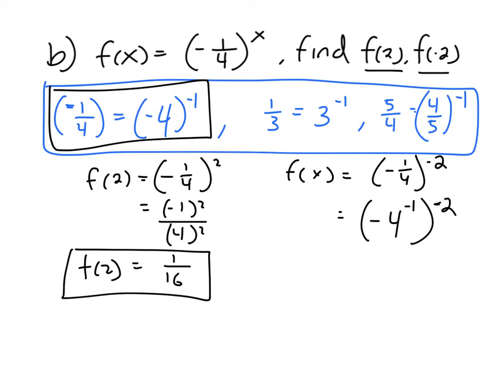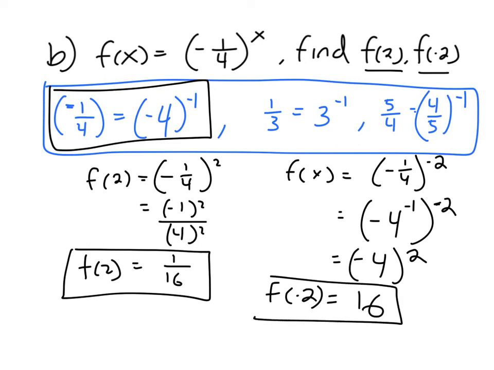Then I'm going to multiply these two powers, so then I'll have 4 to the second power. So that will then be 16. So my answer, f of -2, is 16. I should have written -2 there, not x.